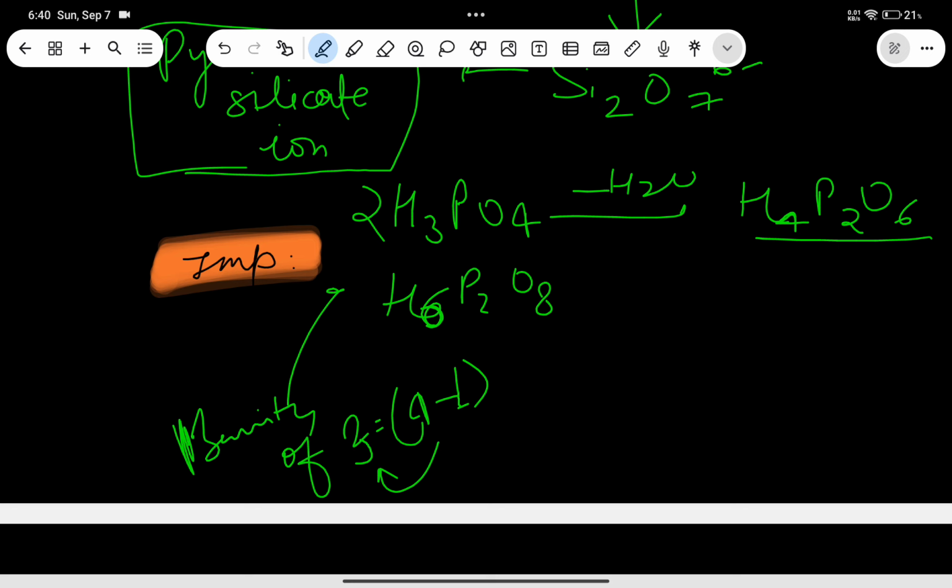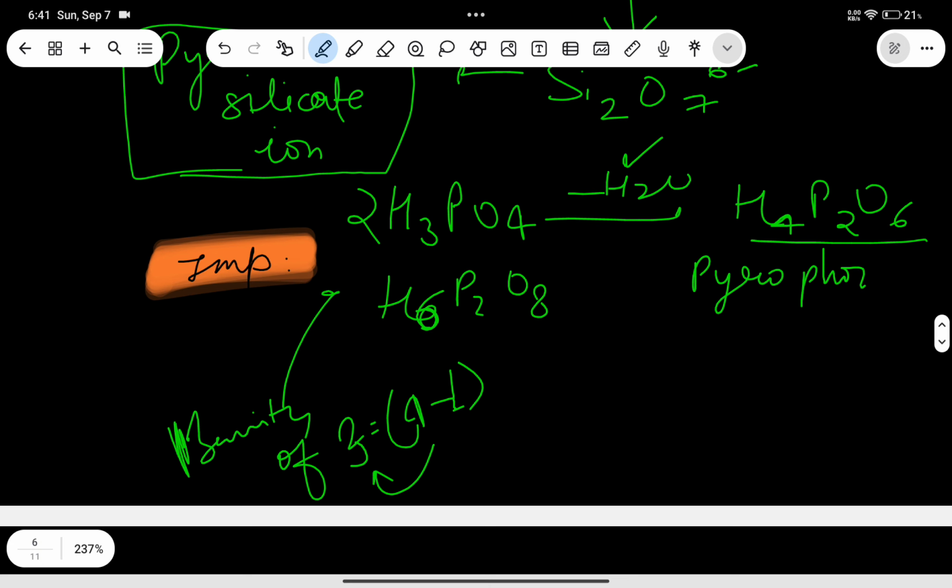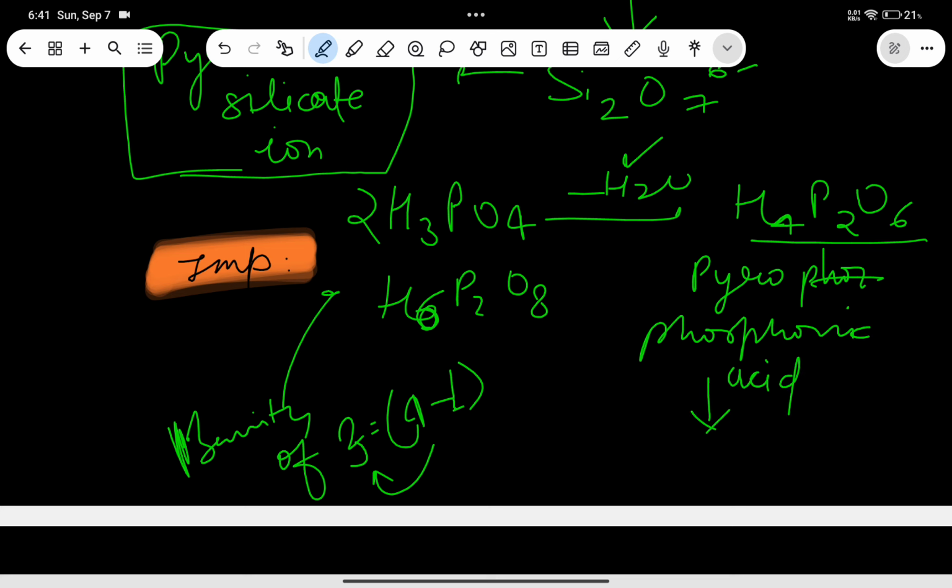Because of that it can release 2 water, so therefore this pyro acid was formed. So pyrophosphoric acid, and the ion that could be formed from this is pyrophosphate.